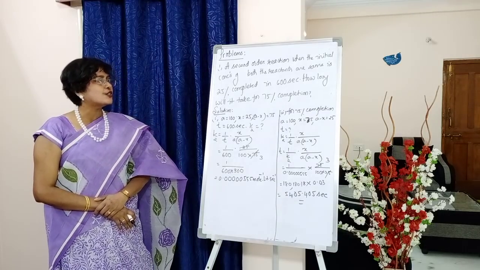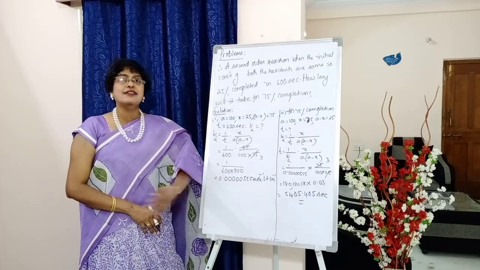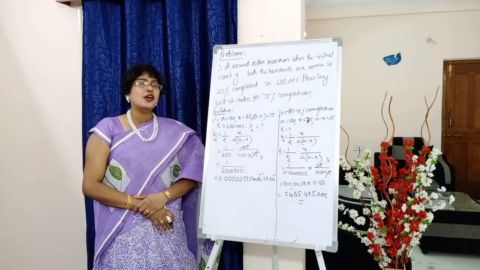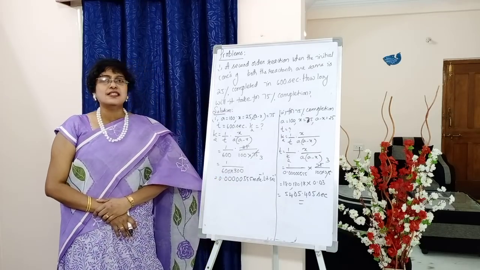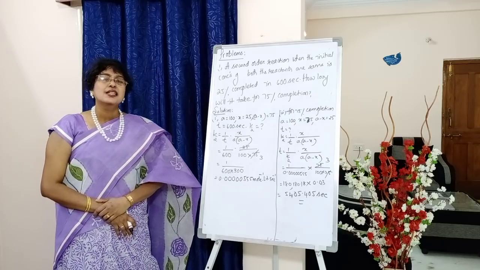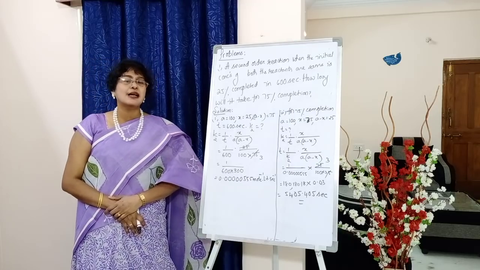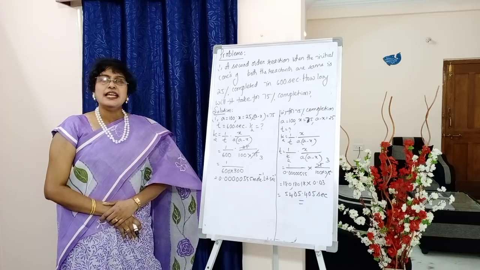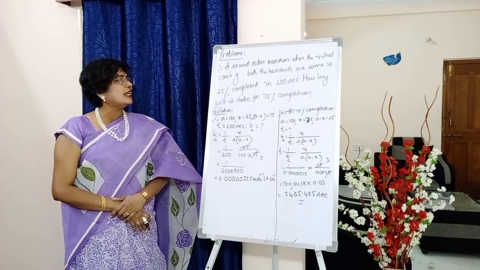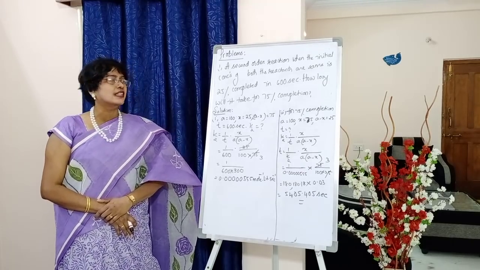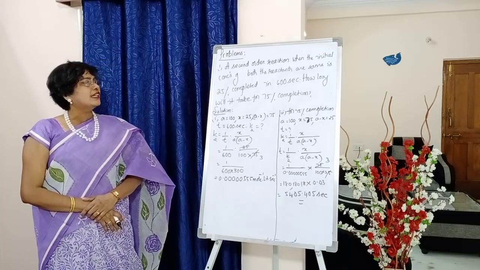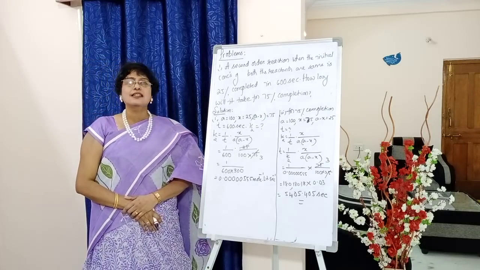Next, part 2. Right side I have written, look, part 2 is for 75% completion. Again the same, students. What is to be calculated? Look at the second sentence: how long will it take for 75% completion?